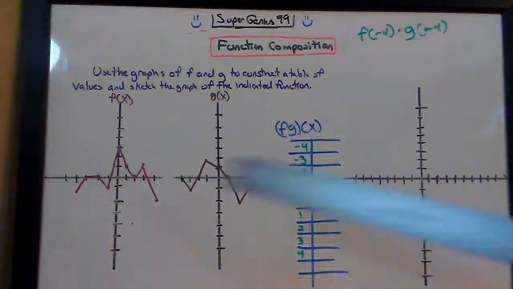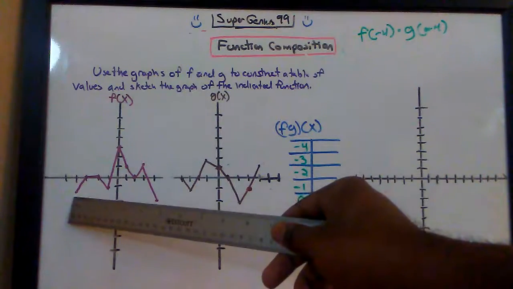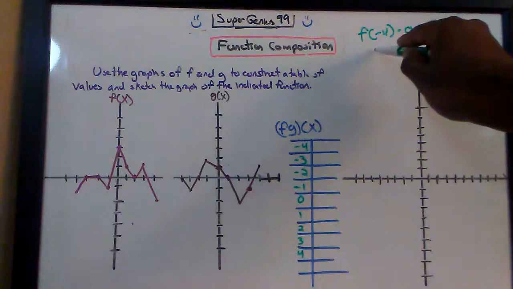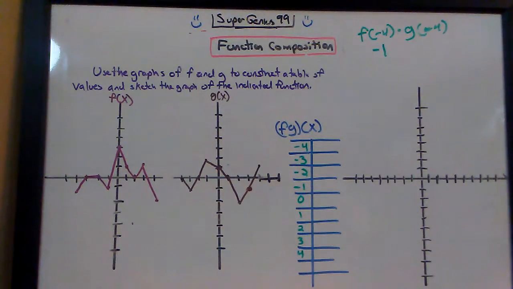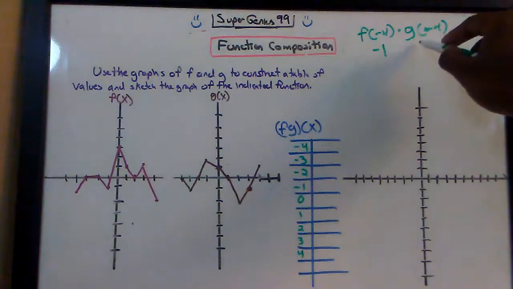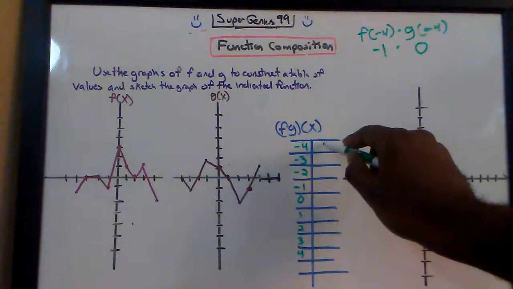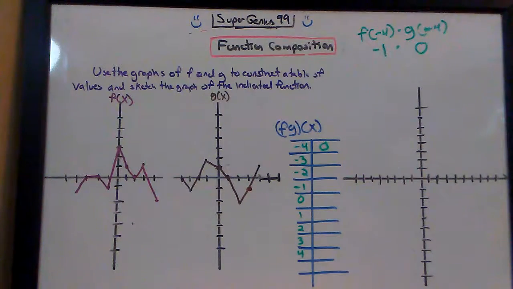Where's f of -4? Over here. And the y value that corresponds when x is -4 is -1. And the y value that corresponds when x is -4 in the g graph is 0. So it's -1 times 0, which is 0. All right, let's continue.